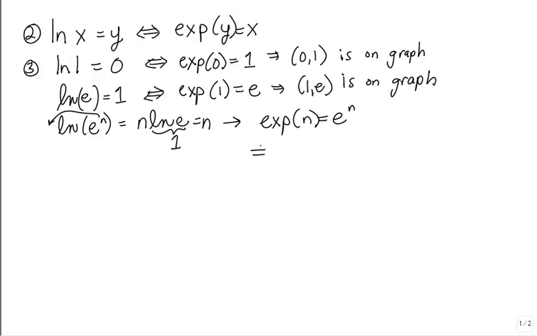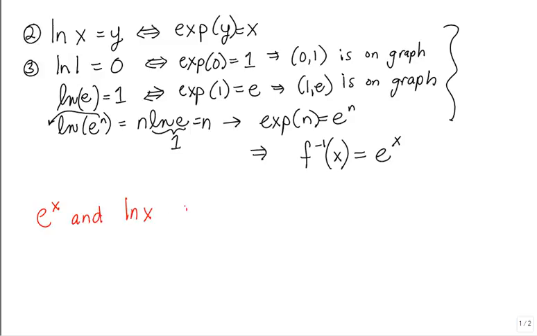And all these point to, and which is going to end up being a true statement, that our inverse function for ln x is e to the x. Remember, e is that number 2.718, non-repeating, non-terminating. So now we know that e to the x and ln x are inverses.